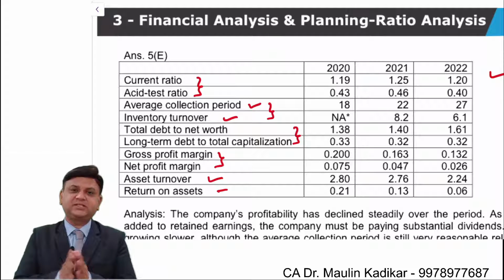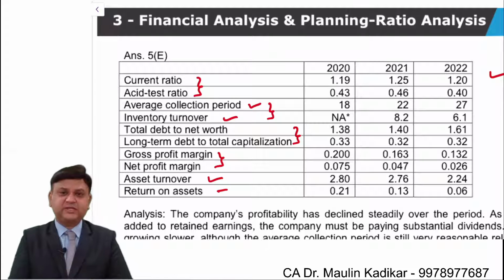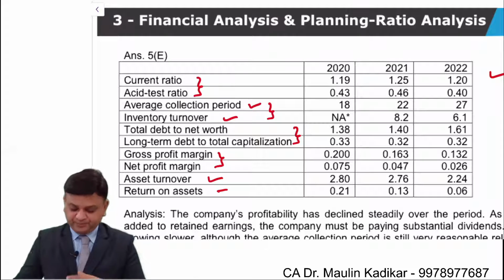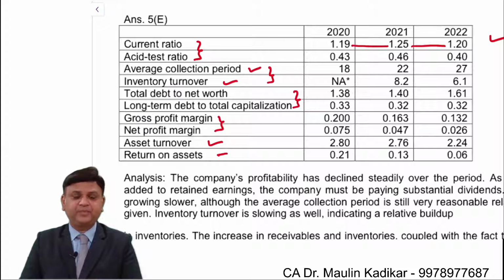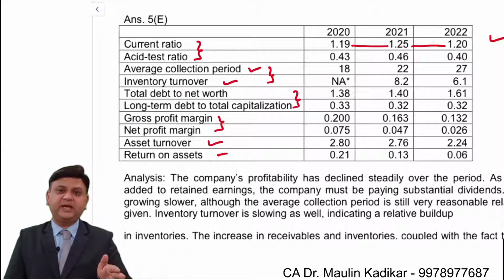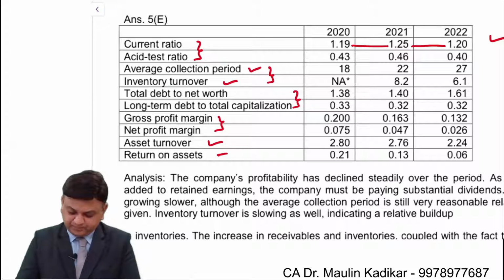Like that, you are required to calculate these ratios. This is only an illustrative example, and we can calculate still more ratios and, based on that, pass comment. For example, the current ratio of the company saw an increase in 2021 and a decline in 2022.